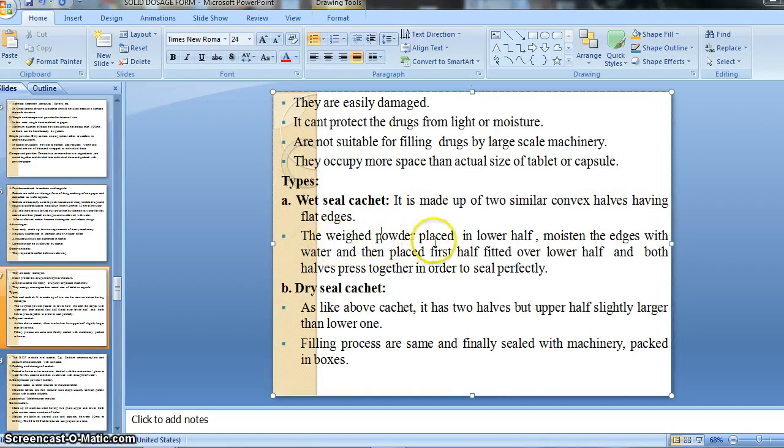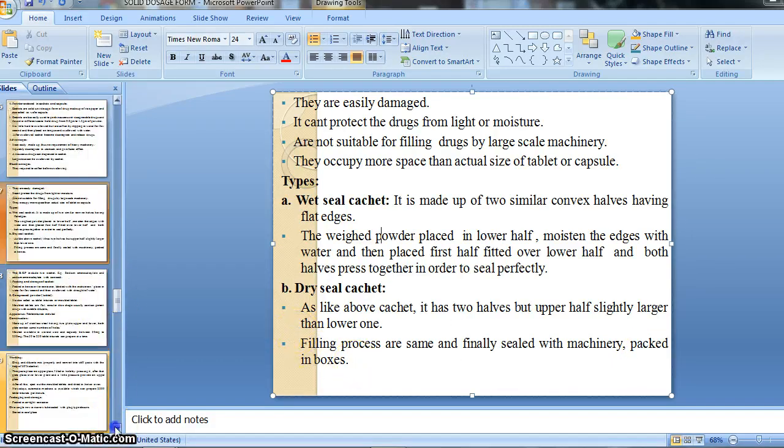Then the wet powder is placed in the lower half, the edge is moistened with water, and then the upper half is fitted over the lower half, and both halves are pressed together in order to seal perfectly, right? Then the dry seal sachet, like the above sachet, has two halves, but the upper half is slightly larger than the lower one. The filling process is the same and finally it is sealed with machinery and packed in boxes.